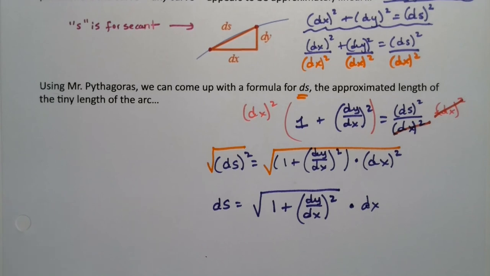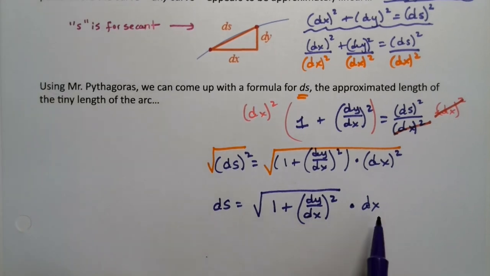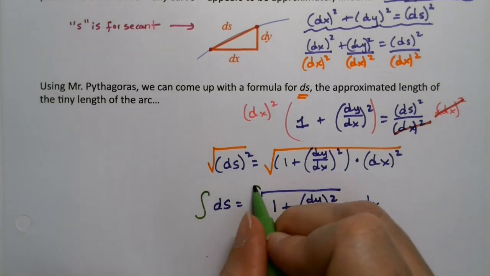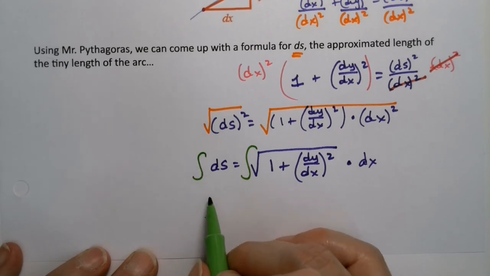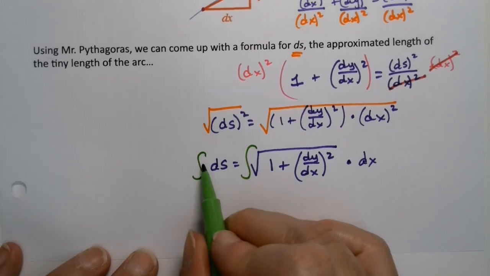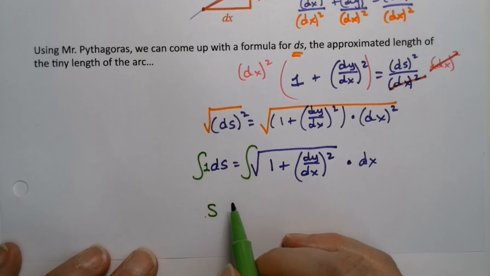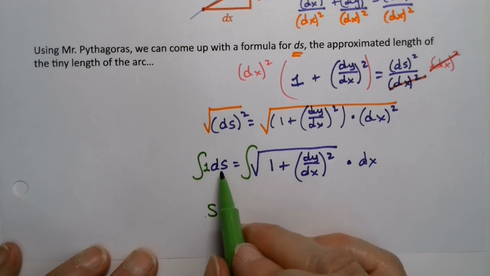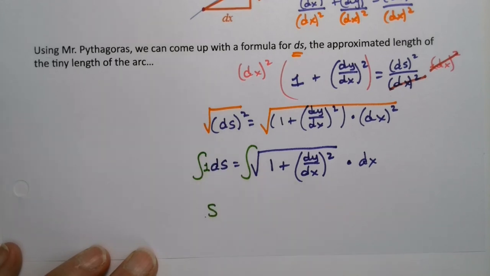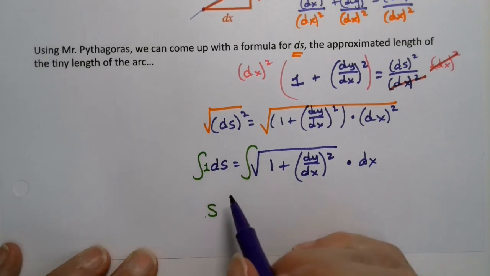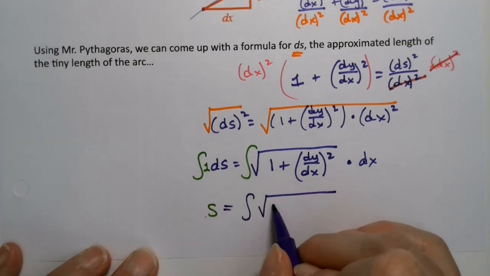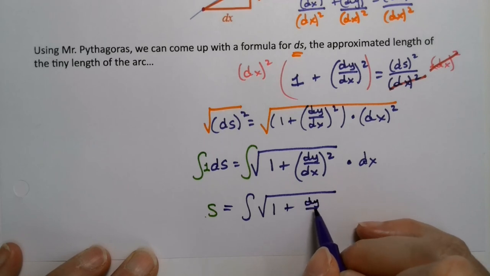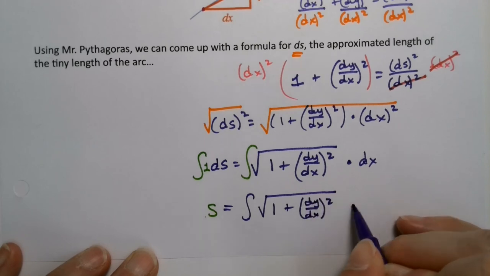So then, what if I want s? How would I find it? Well, I have a differential here. This is looking familiar, because what you're going to do is integrate both sides. The integral of ds will be s, because that's 1, and you're integrating with respect to s. So the integral of 1 with respect to s is s, which is equal to the integral of the square root of 1 plus (dy divided by dx) squared.